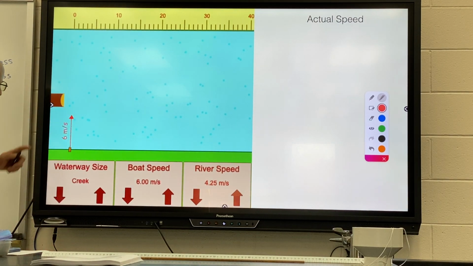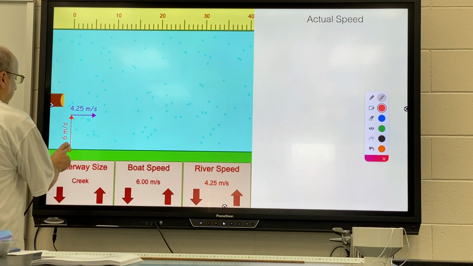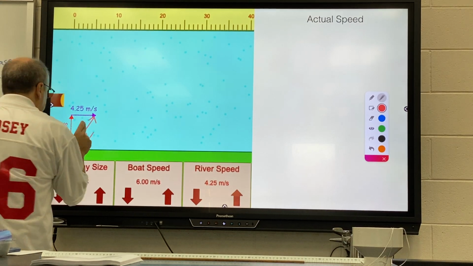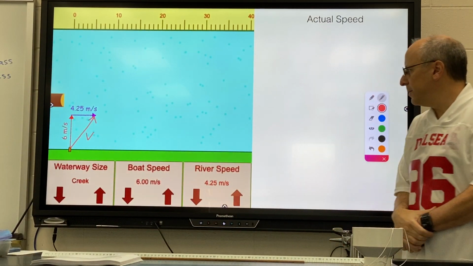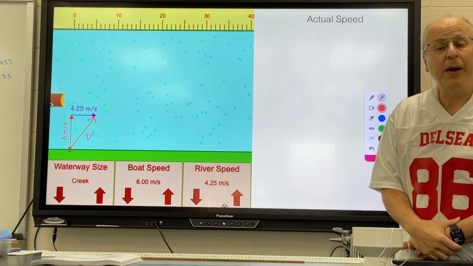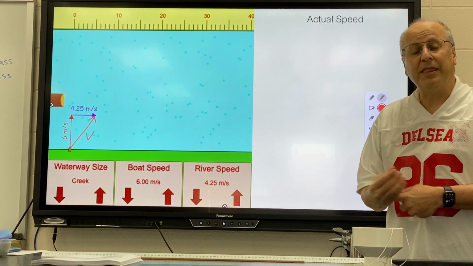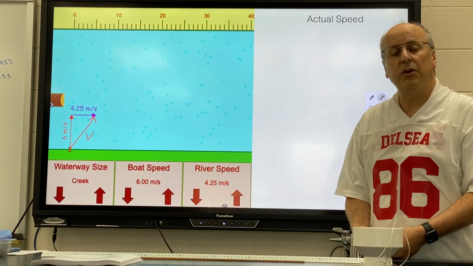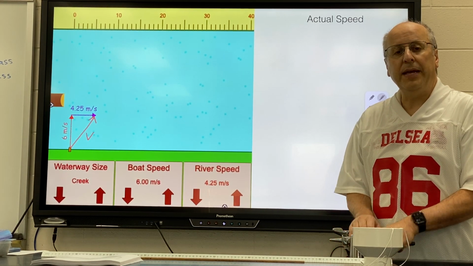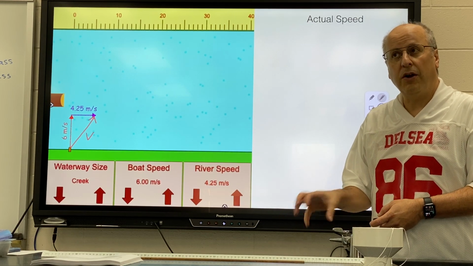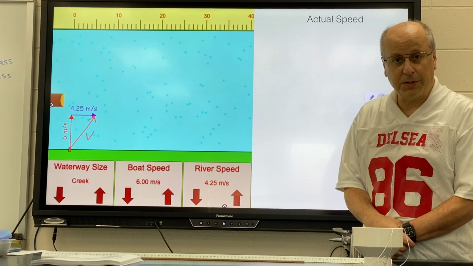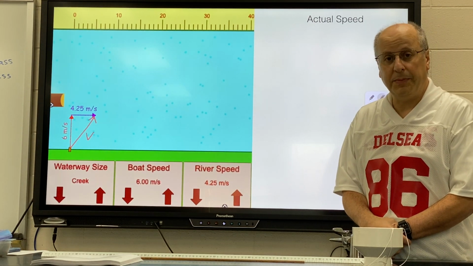So we have 6 going in the y direction, 4.25 going in the x direction, and then we can find the actual speed of the boat by doing, once again, Pythagorean's theorem. So Pythagorean's theorem can work with both distances and it can work with speeds. Make sure all sides of the triangle are measuring the same unit, whether that is meters per second or just meters.